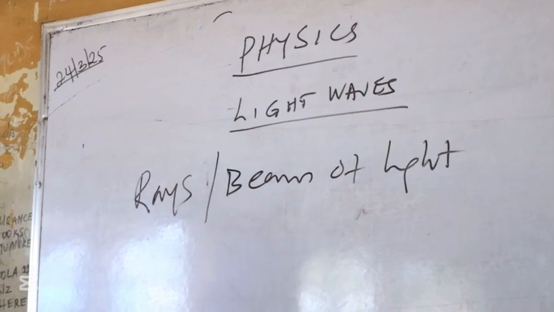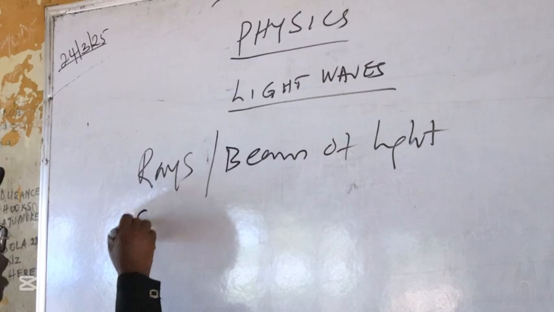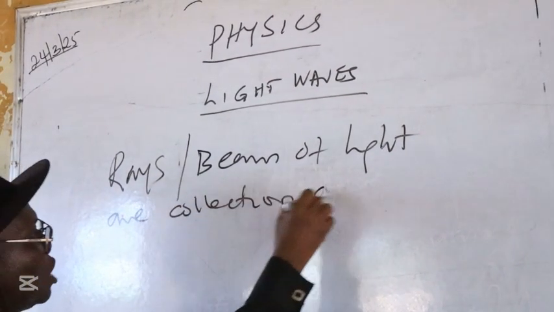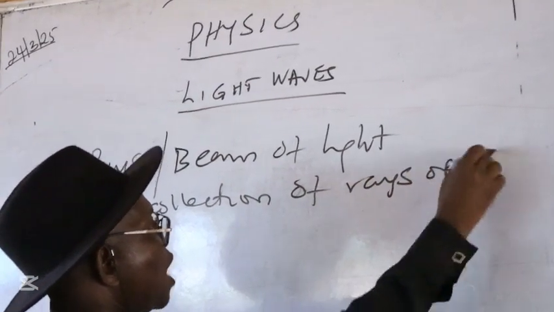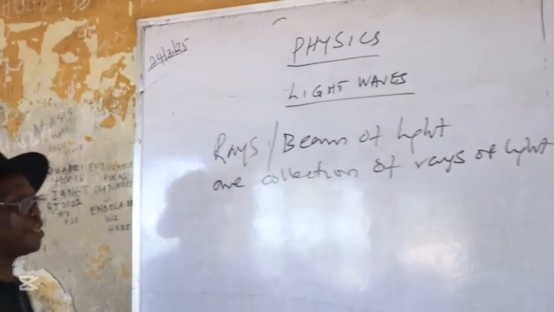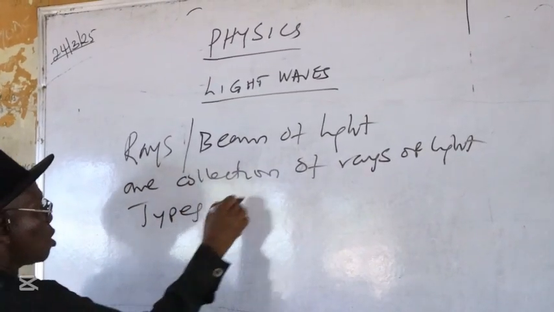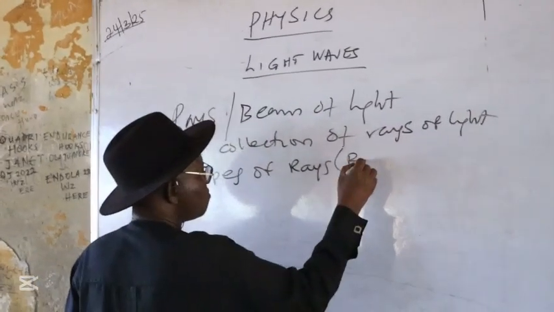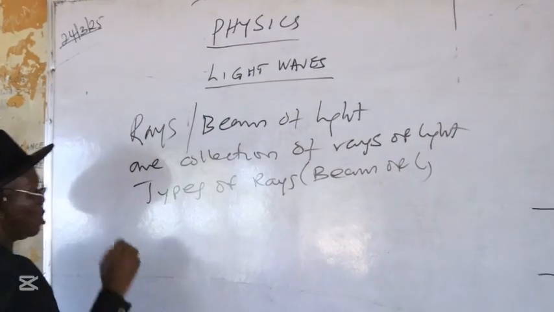The collection of rays of light is called a beam of light. So we now have types of rays or beam of light. We have three.